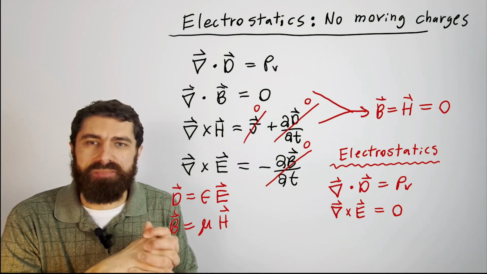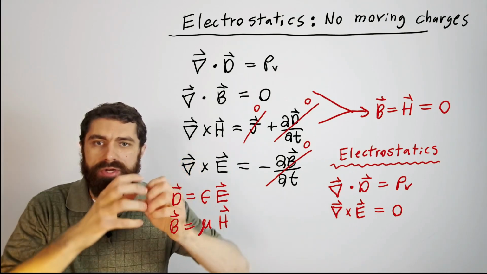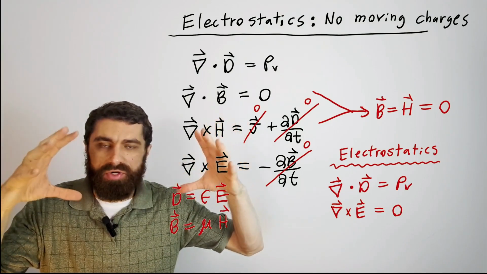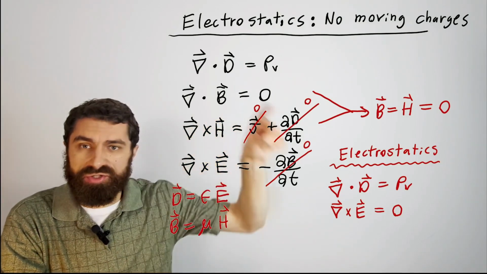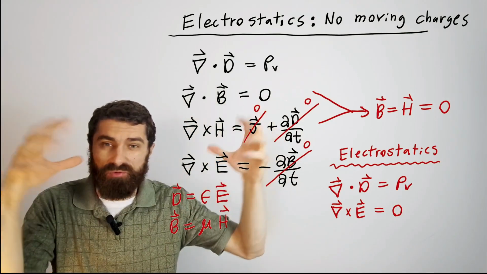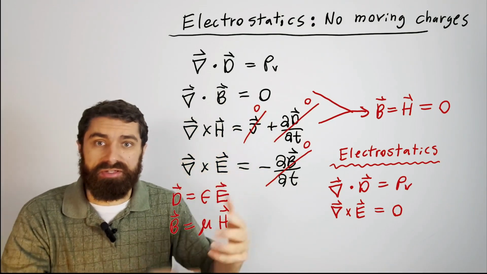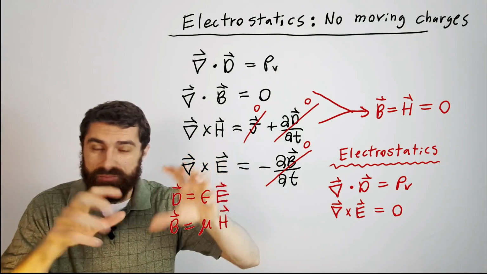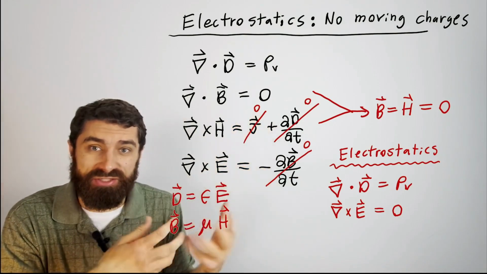This makes sense because if you remember, the electric field from a point charge is directed radially outward from the point charge. There's nothing circulating about that electric field. It's all just flowing out from the point charge. And if you're dealing with electrostatics, it's basically a summation of a bunch of different point charges that have radially outgoing electric fields.